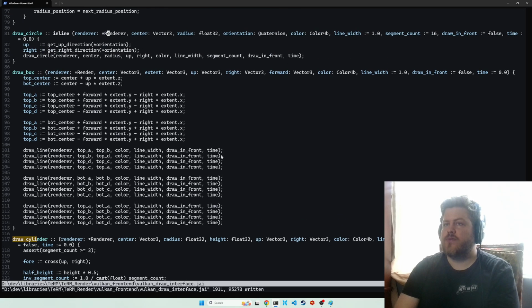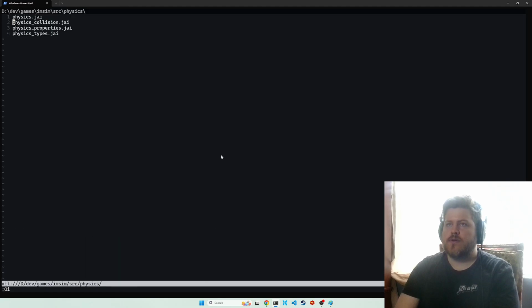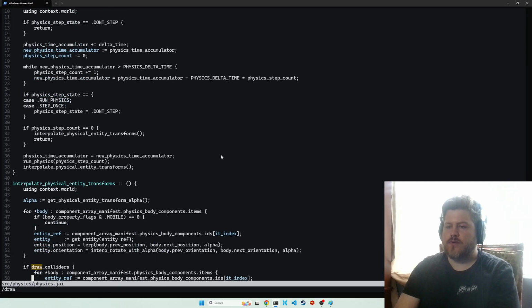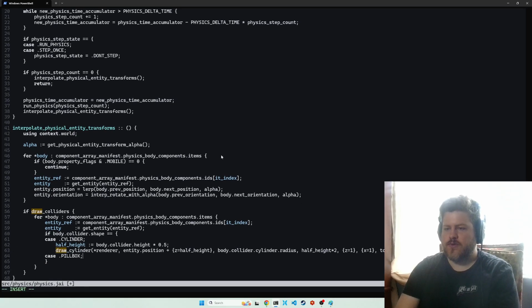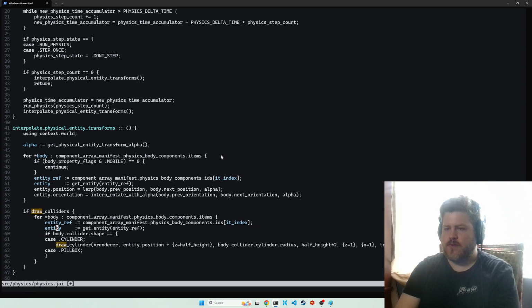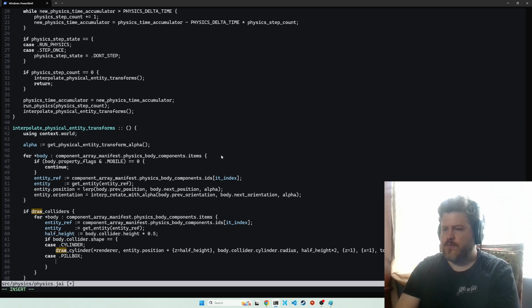Alright, let's see what that looks like. If we go back to physics, I think, let's see, draw colliders, case pillbox. We're just going to draw the box for now. Box, and position plus half height.